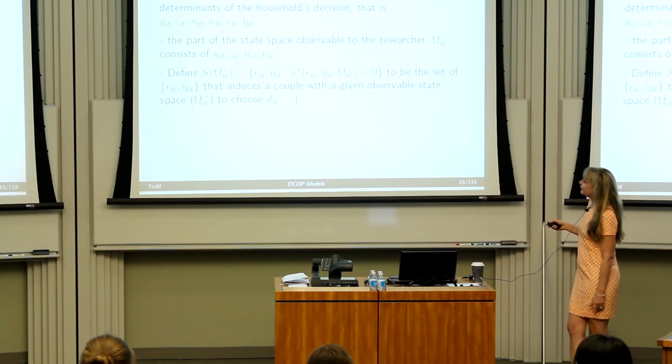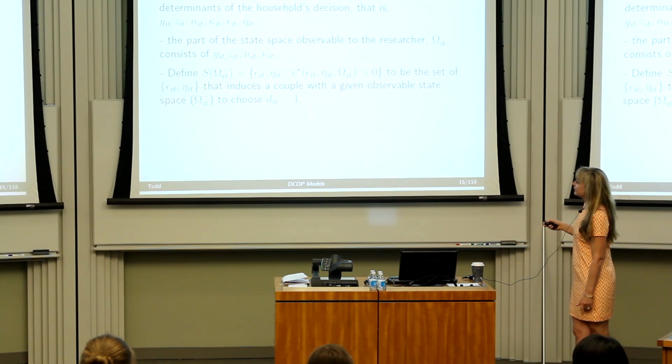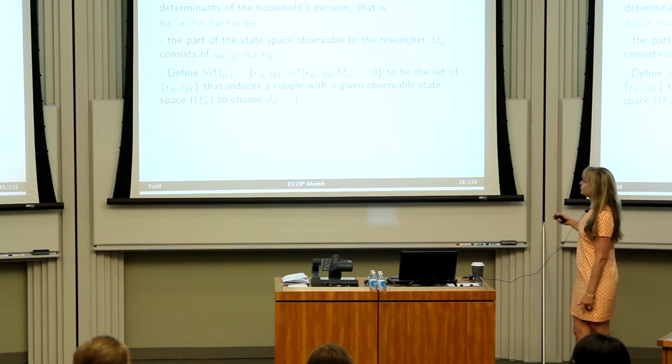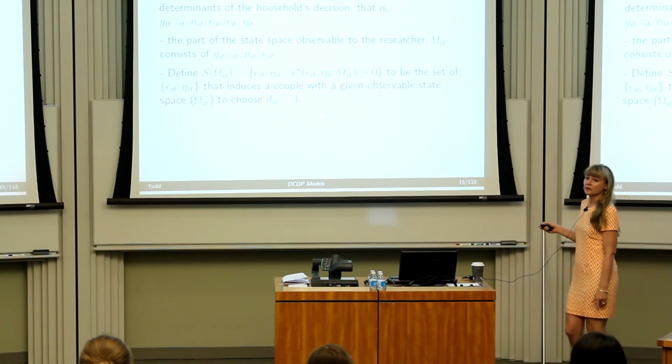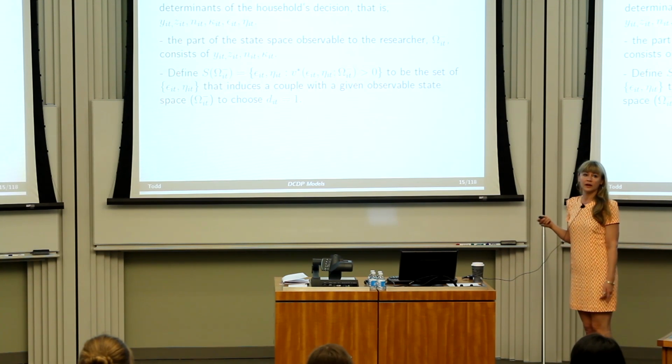And so we can define the set S. Those are the set of unobservables that induce a person to choose to work. Those are all the different draws of unobservables that would lead to a working decision.